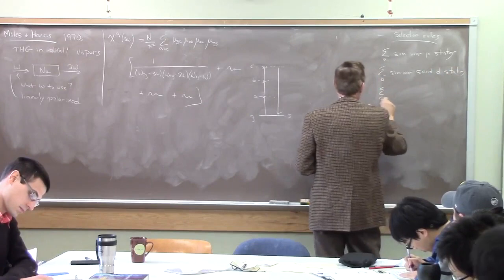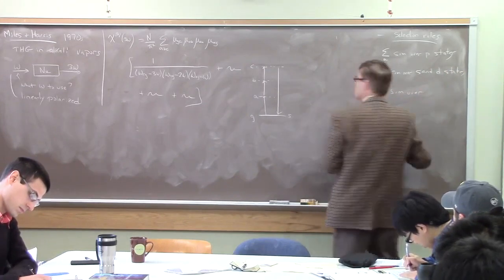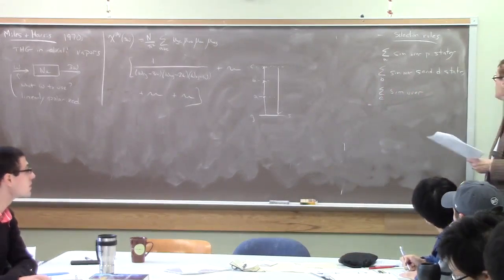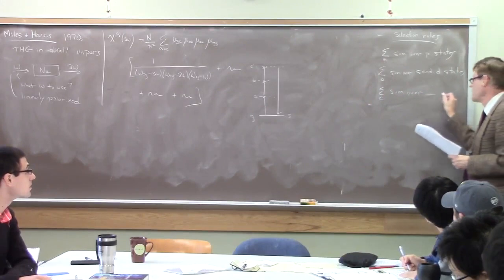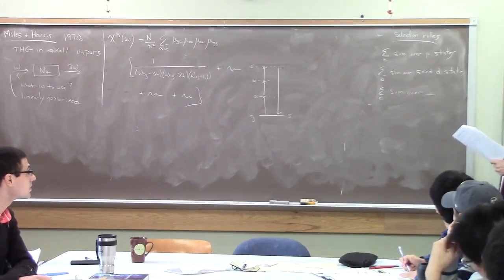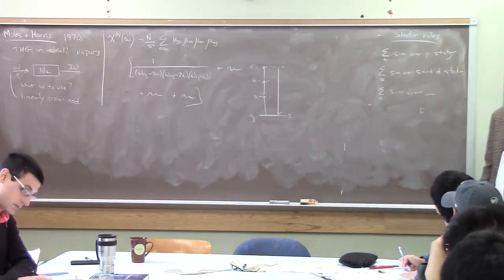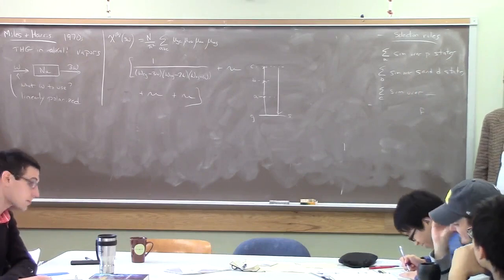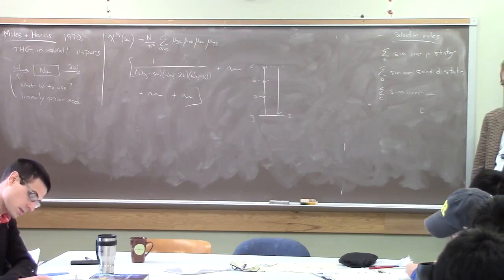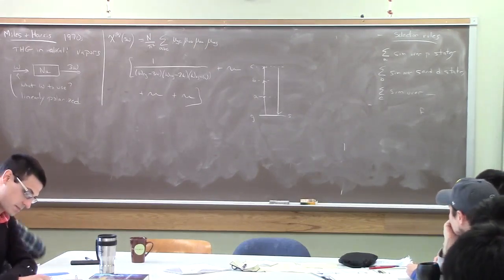And when you sum over C, you have to sum over, somebody tell me, blankety blank. Dipole selection rules. We will write down all proposed solutions and then take a class vote on them. Now, I'll give you 2 minutes to think.